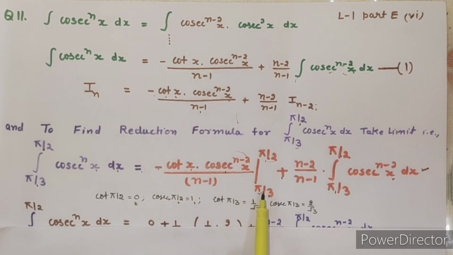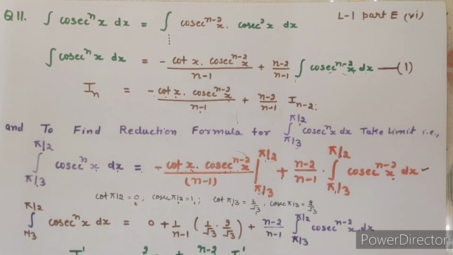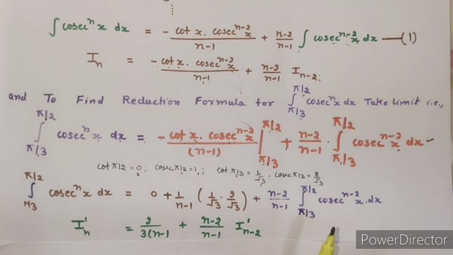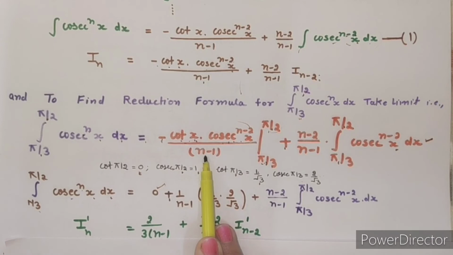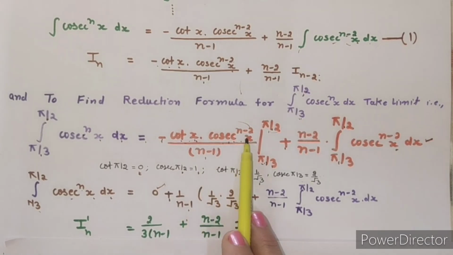Then we have to put pi by 3. Pi by 3 means 60 degrees, so how much will cot 60 be? Cot pi by 3 is 1 by under root 3, and cosecant pi by 3 is 2 by under root 3. So make this limit here. So this integral 0 to pi by 3 cosecant nx dx on the left hand side, the upper limit gives 0, then minus sign, and this minus sign gives you plus sign. This n minus 1 is as it is because you are putting the limit in place of x.